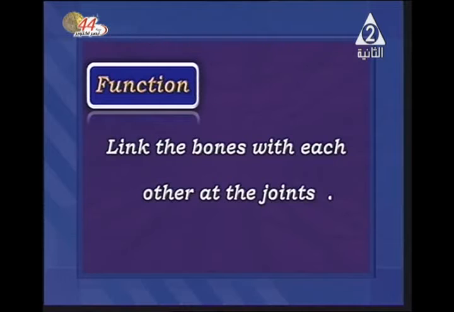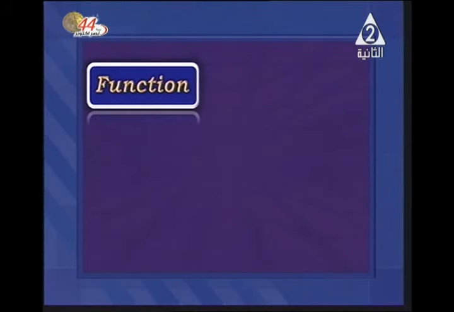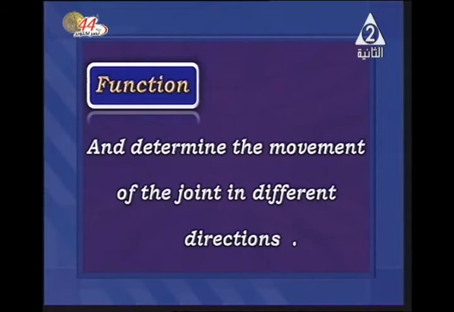They link the bones with each other at the joint, because as we said, when two bones meet each other, the site of linking is very weak, and we need to support it with extra support. So the ligaments link the bones with each other at the joints, and also determine the movement of the joint in the different directions.